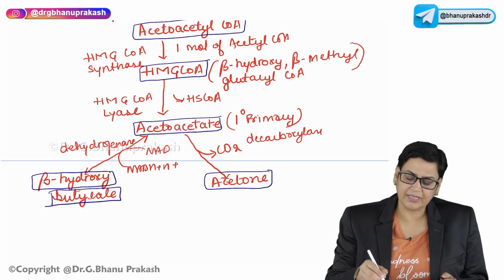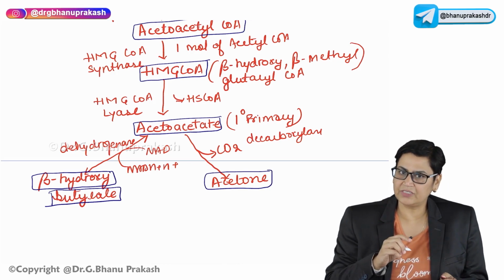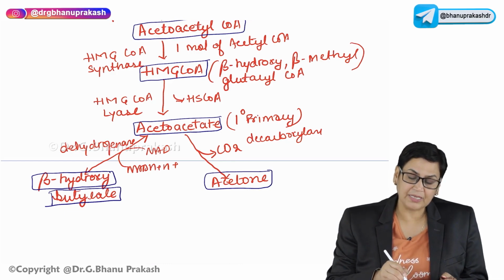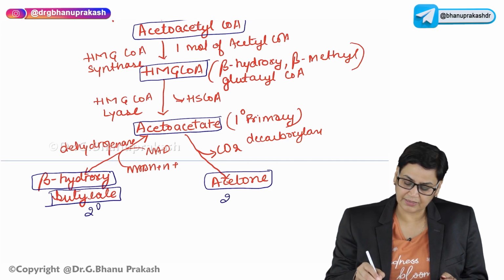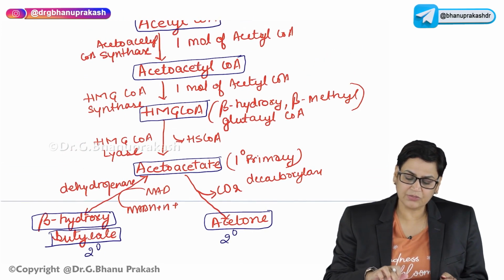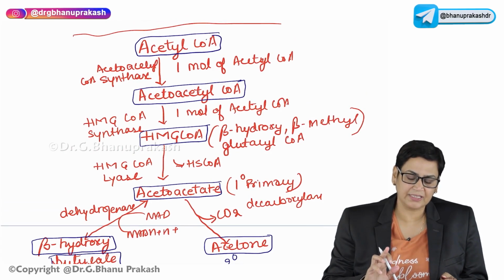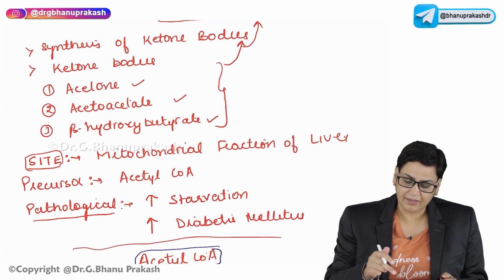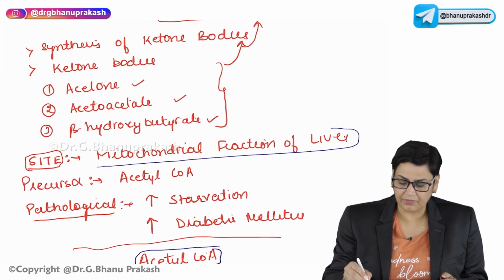So acetoacetate being the first ketone body which is synthesized, that is why it is known as a primary ketone body. Beta-hydroxybutyrate is the secondary and acetone is again secondary. So this is ketogenesis, which is taking place in the mitochondrial fraction of the liver.